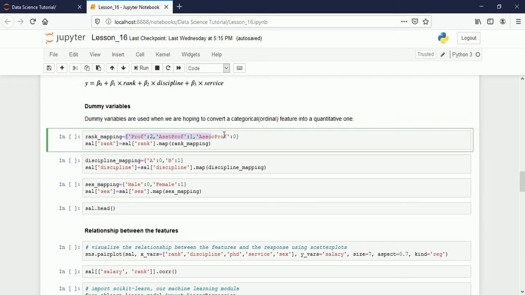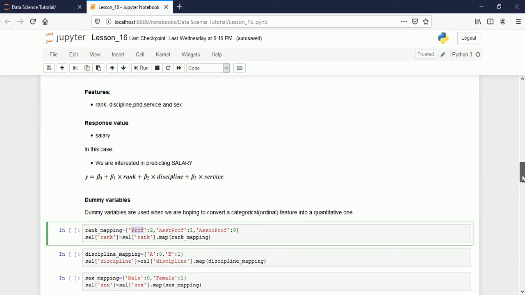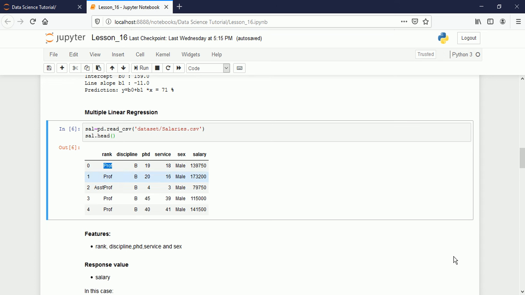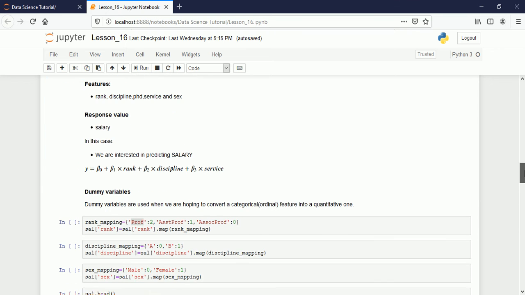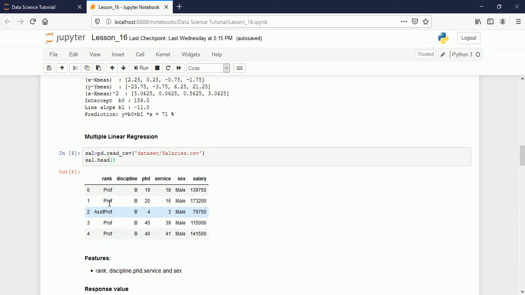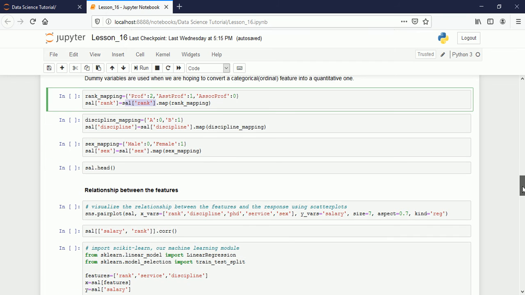I have created a dictionary here, and I say you change the professor feature to a rank. For professor I am giving 2, for assistant professor it is 1, and for associate professor we are giving 0. Then we are mapping them all, and they will be converted to numbers, to 0, 1, 2, that's all.